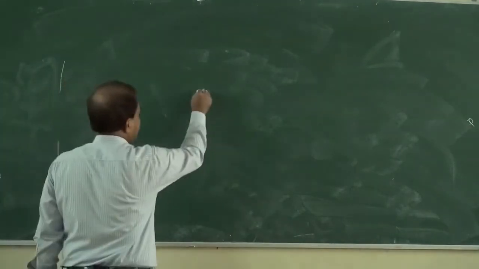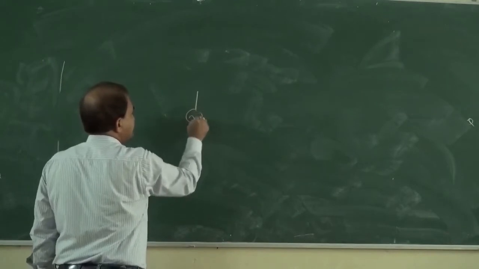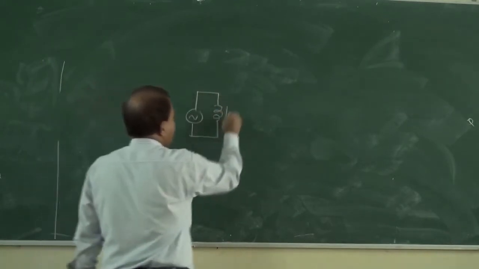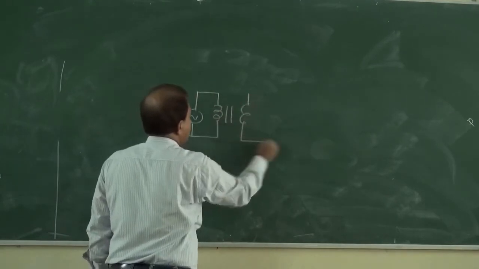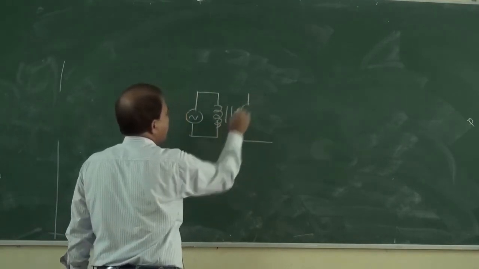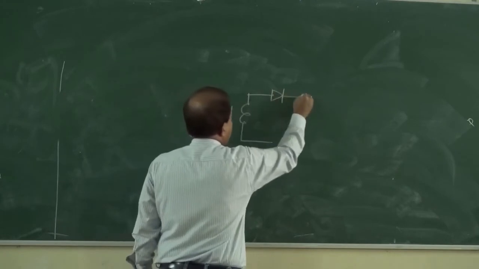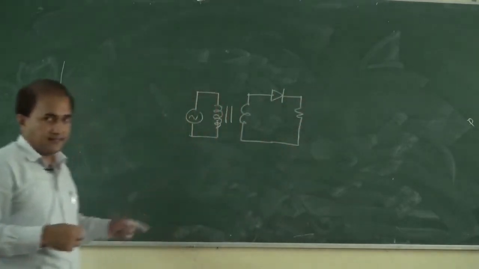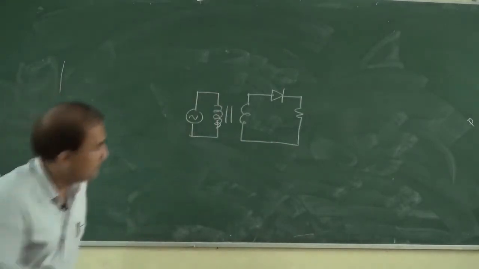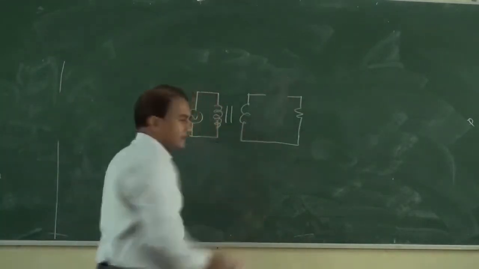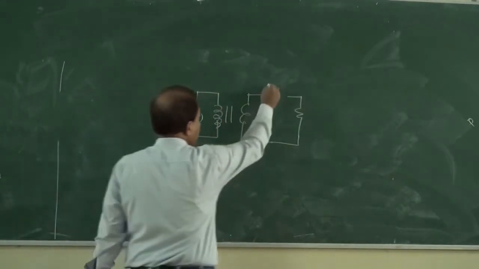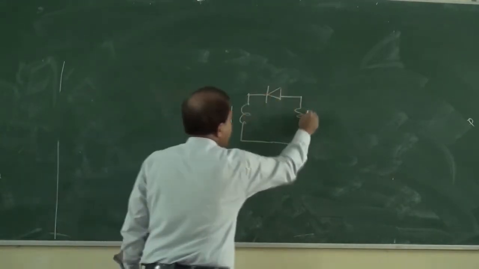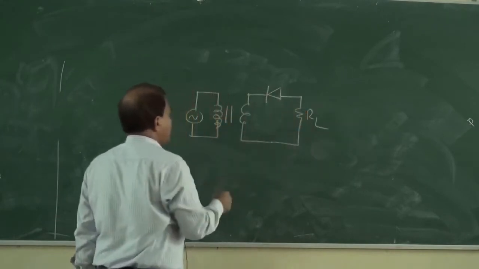Suppose we have seen a half wave circuit like this. This type of circuit we have seen. Now if we replace this diode and connect it like this, in this manner, then what will be the output?